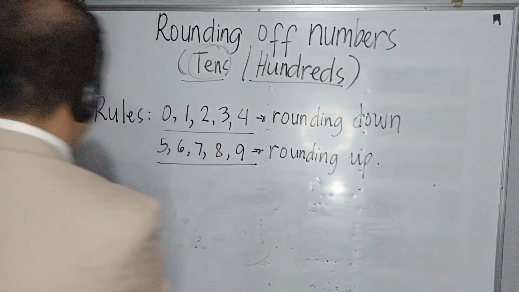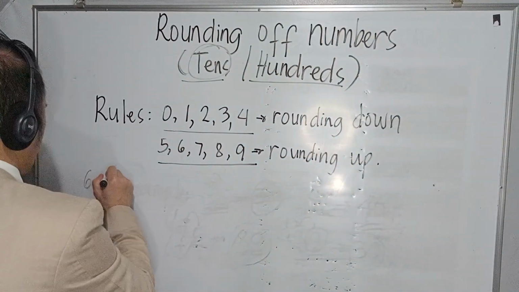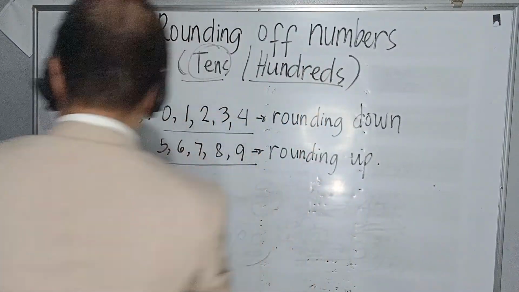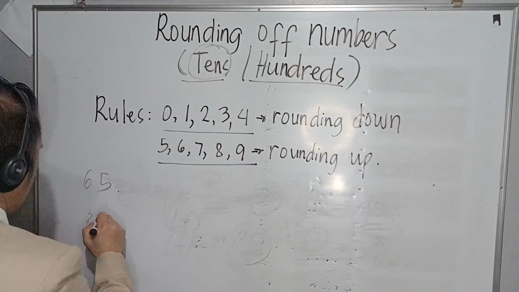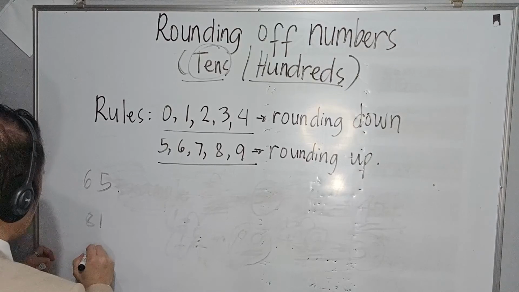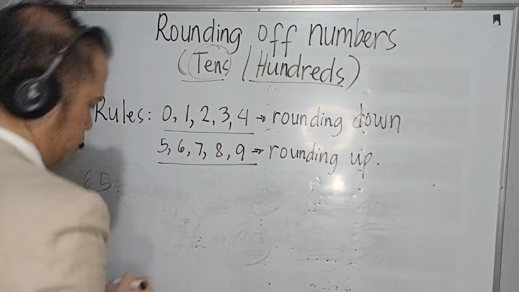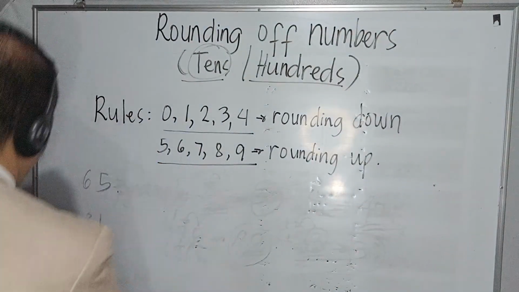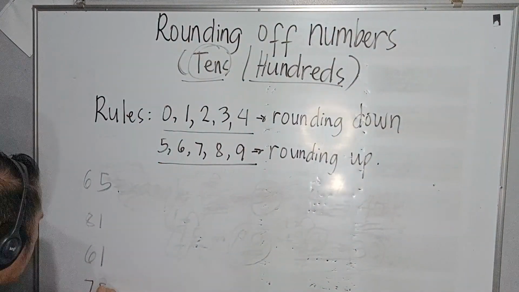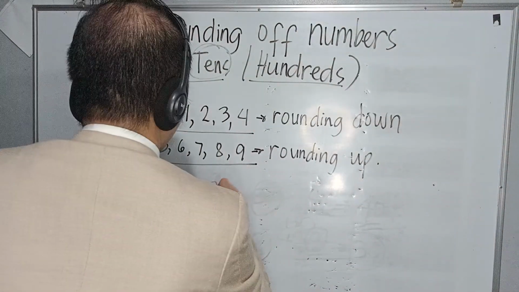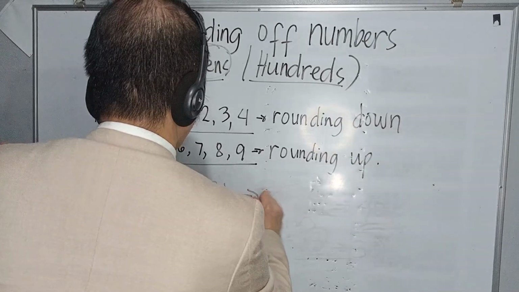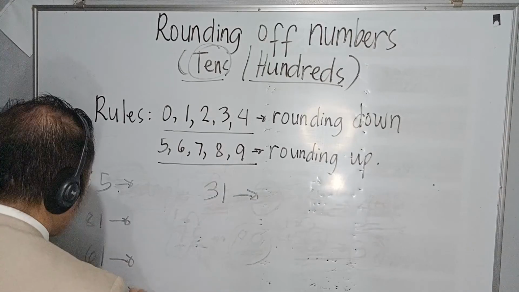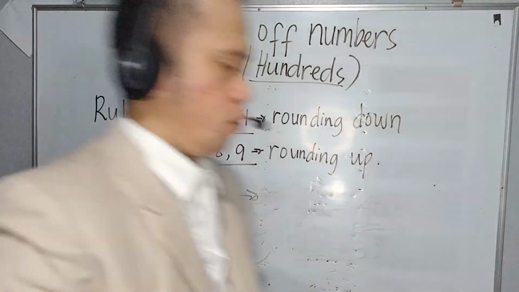We have 65, 81, 61, 75 and 31. Okay, my dear viewers, we're going to start rounding off these following numbers.